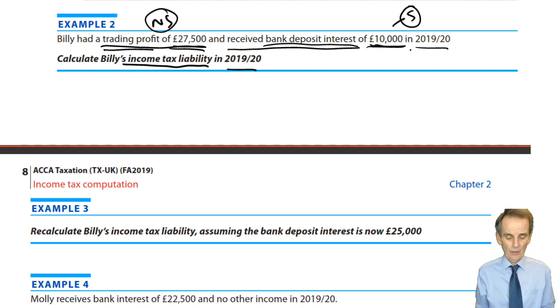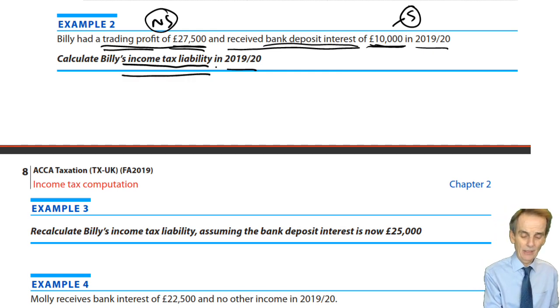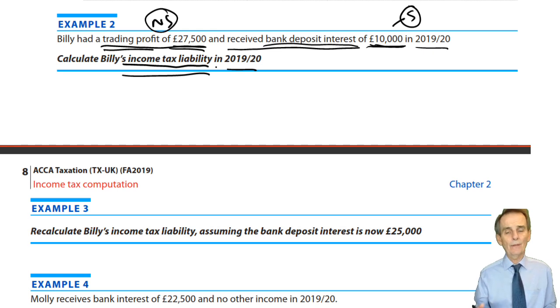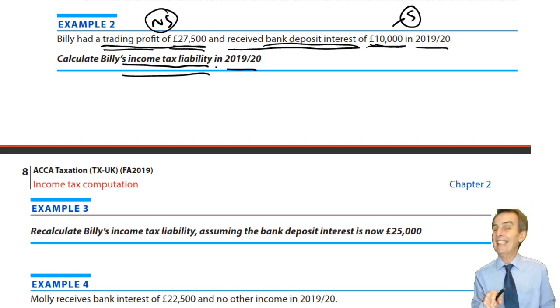We know that we have to calculate income tax liability, so we need to work through to taxable income. There are no specific deductions in this example from total income to bring you down to net income, i.e. qualifying loan interest and those other trading loss reliefs. So here, as so often it is, total income and net income are one and the same.